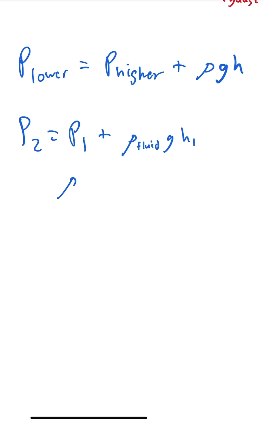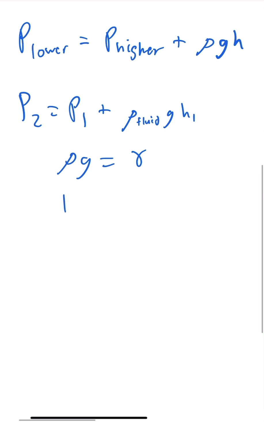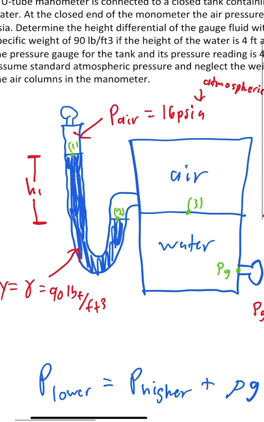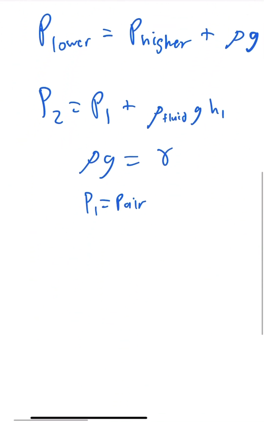Well, we know that density times gravity is equal to the specific weight. So then we also know that P1 is equal to our P air, because we were given this reading of the gauge up here. This gauge is reading all the air in here and telling us that pressure, which is 16 psi. So we're going to plug these in. So we know that P2 is equal to P air plus the specific weight times H1.